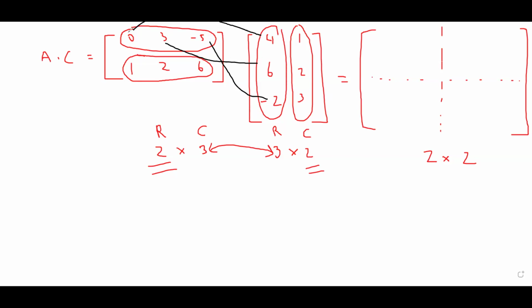So we multiply 0 and 4, and then we add. We're always going to add. The next product is 3 and 6, and add also the last product, which is -5 and -2. See, row and the column. So add it with -5 and -2.